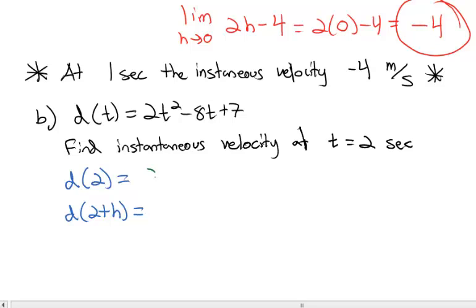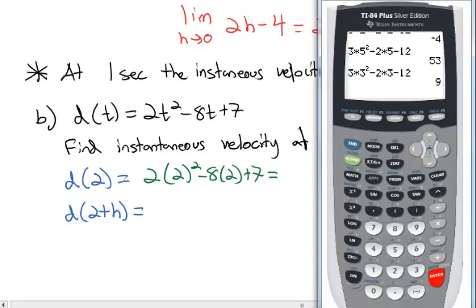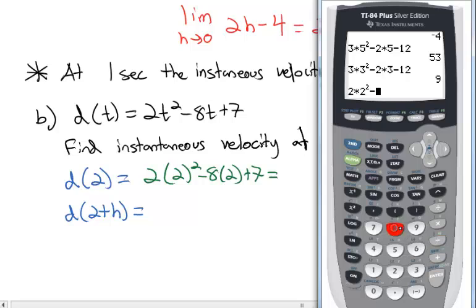So d of 2, that's 2 times 2 squared minus 8 times 2 plus 7. Calculator: that's -1.